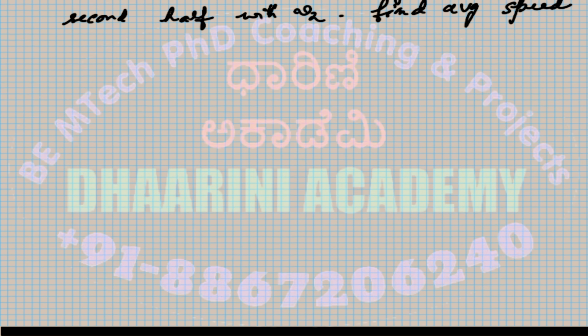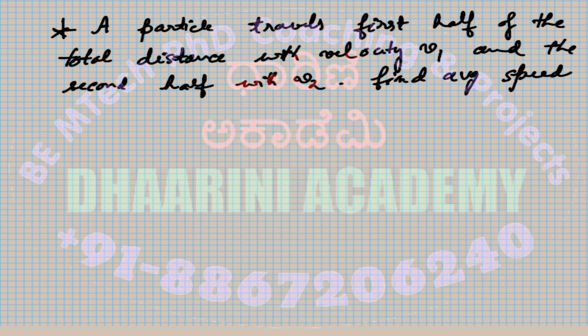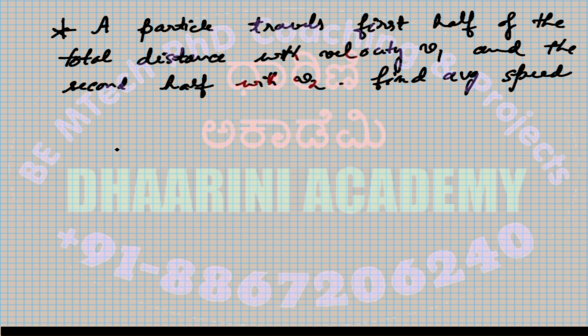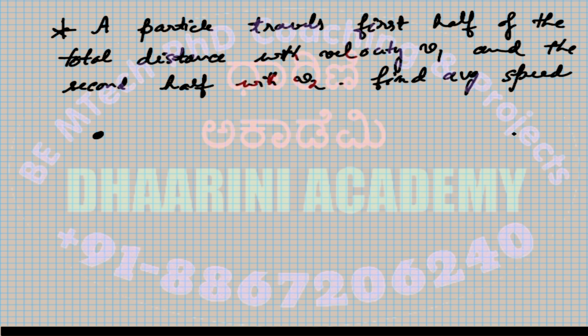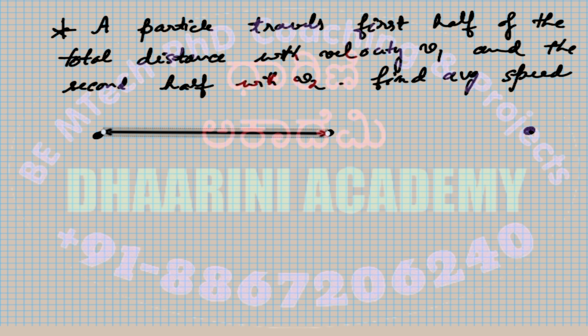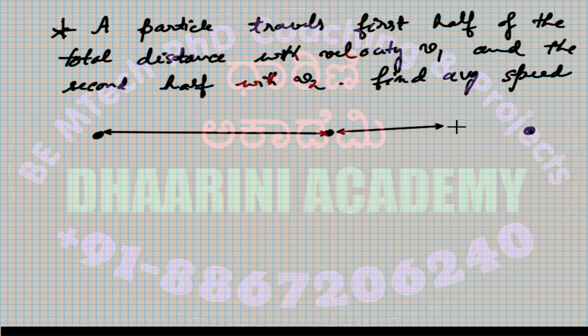So let us consider the scenario with the help of a diagram. Assume that these are the 2 points. This is the starting point and this is the end point. Somewhere at the middle, I need to have the midpoint. So first half, it is going to travel with a velocity v1 between these two, and between these two the velocity is v2.